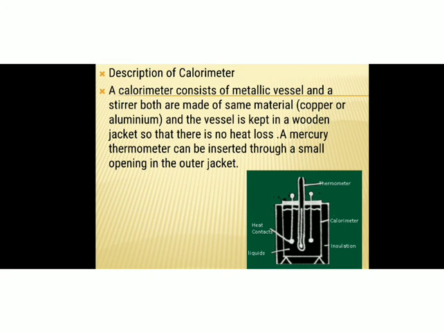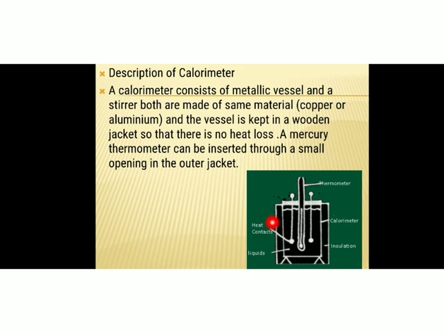Now this is the description of a calorimeter. A calorimeter consists of a metallic vessel and a stirrer. Both are made of the same material, copper or aluminium, and the vessel is kept in a wooden jacket so that there is no heat loss. The wooden jacket prevents the heat loss.